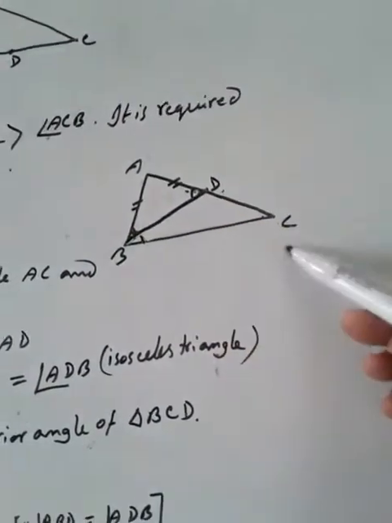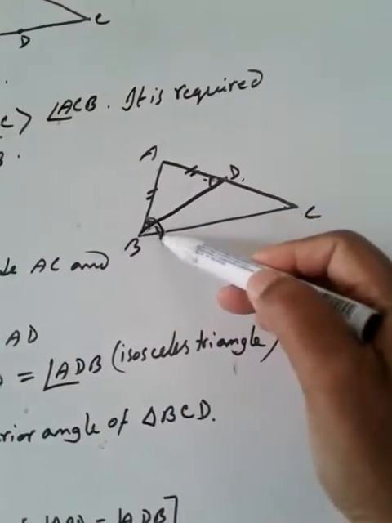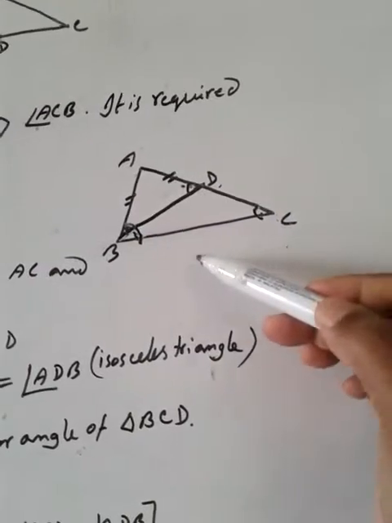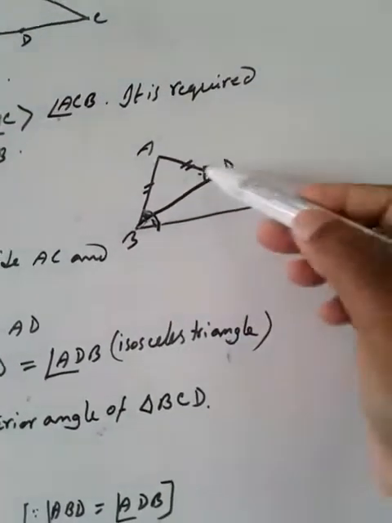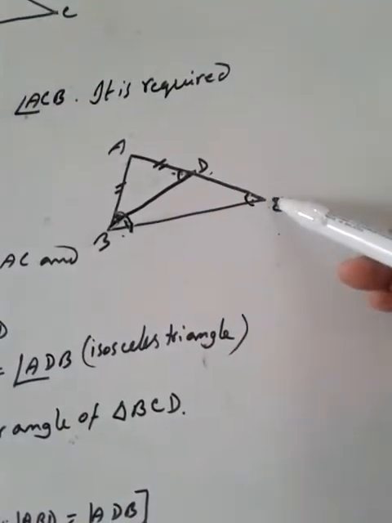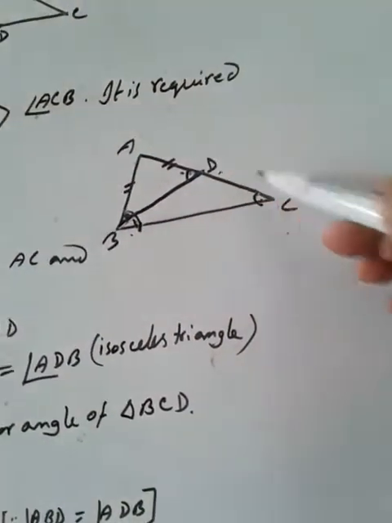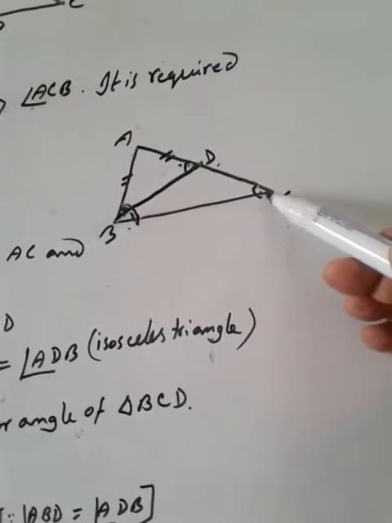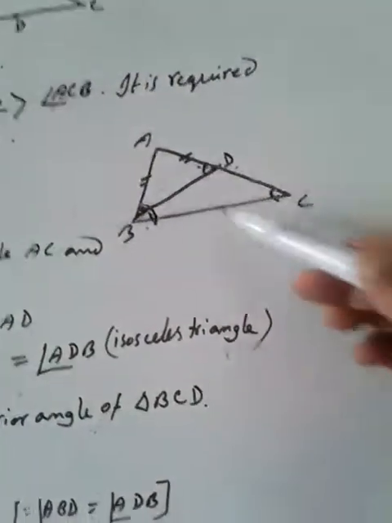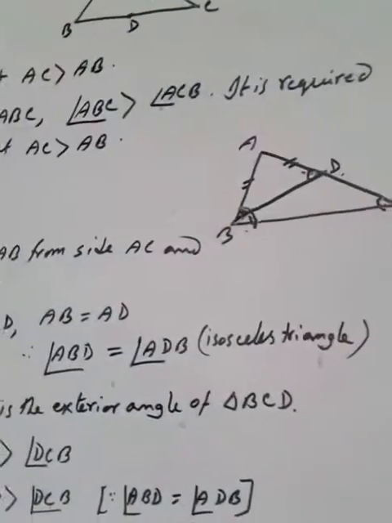Therefore ABC is greater than ACB. This is the greater angle and AC is the opposite side. Therefore AC is greater than AB, since this is the smaller angle and its opposite side is AB.